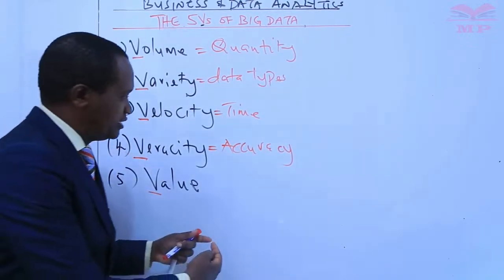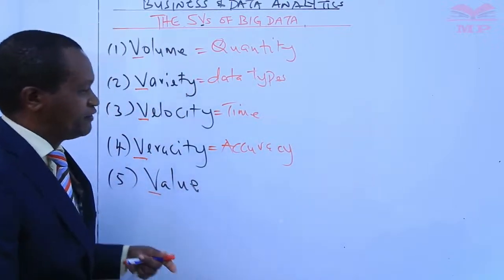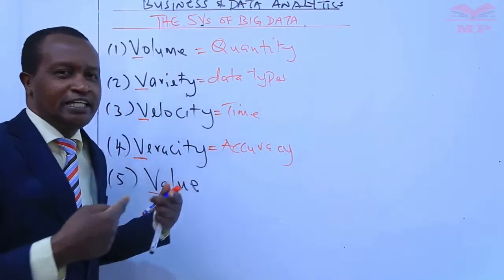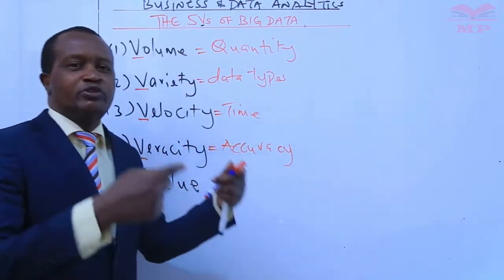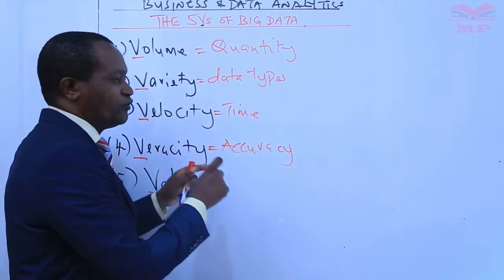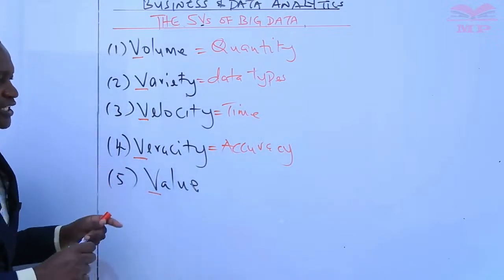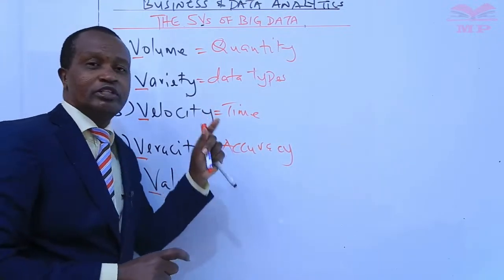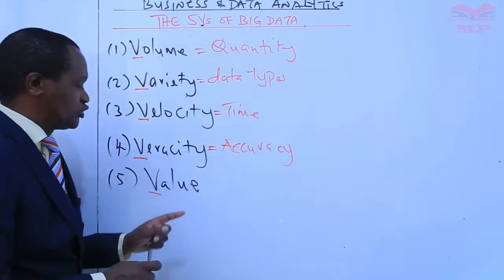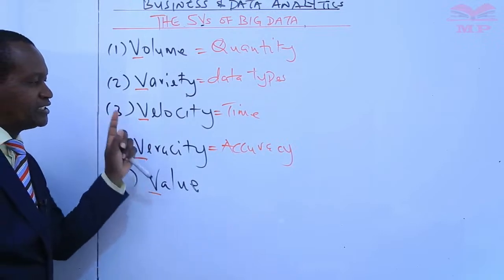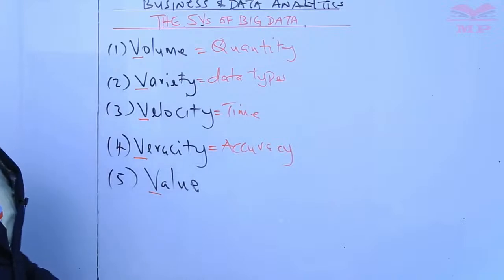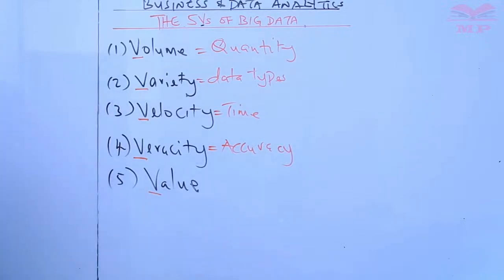So veracity refers to accuracy, the quality, the trust that the leader has in the information that is gathered. The correctness of data. Data that has missing pieces or is not accurate cannot be relied upon in making decisions. So veracity is a very important feature of big data.